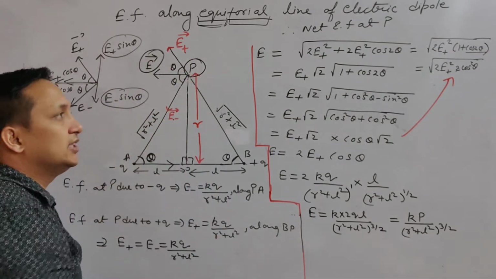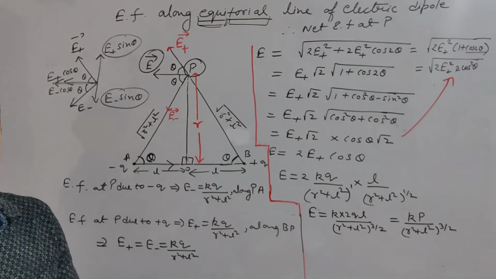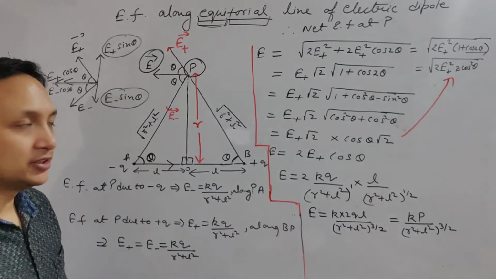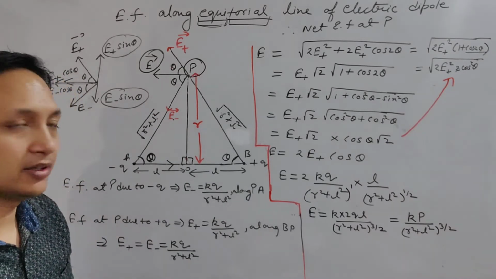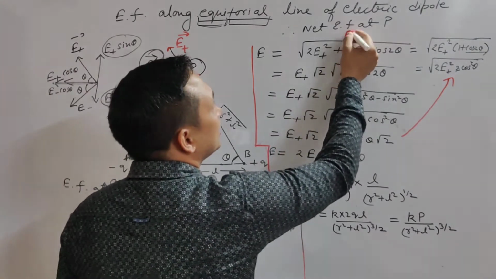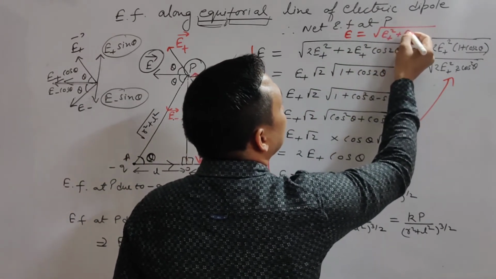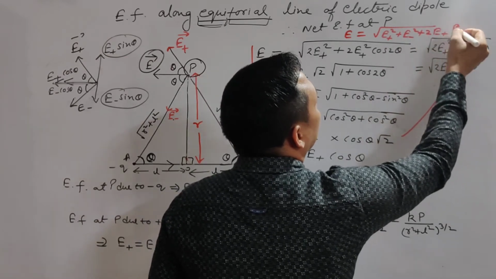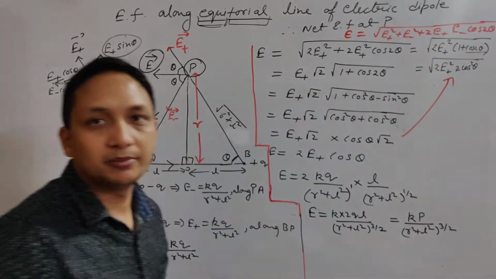So the two vectors E plus and E minus, what is the angle between them? 2 theta. We know there is a formula for finding the magnitude of the resultant vector: E is equal to under root of a square plus b square plus 2ab cos theta. So E is equal to under root of E plus square plus E minus square plus 2E plus E minus cos 2 theta, that is the angle between them.